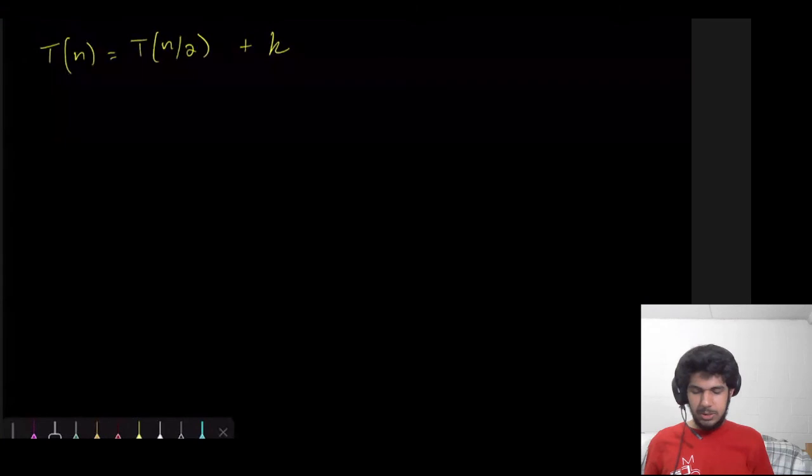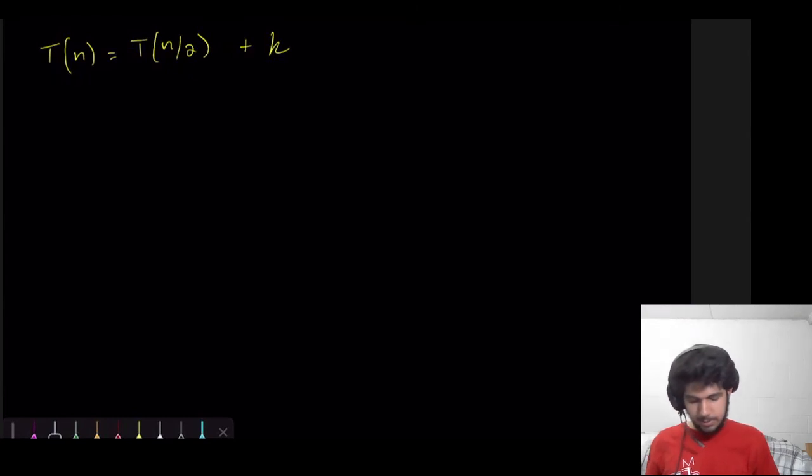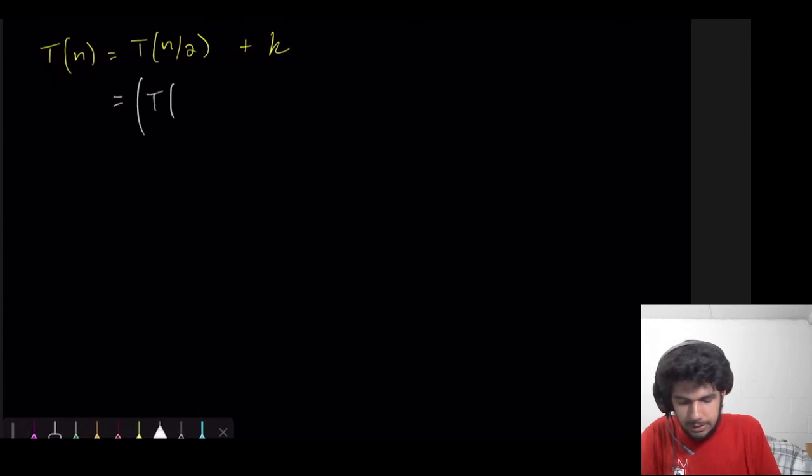So here, t of n equals t of n over 2 plus k. Again, k is a constant. So we do the same technique. T of n over 2, I'll substitute that back in. So that'll give me t of n over 2 divided by 2. That looks really annoying. But plus k, and then we add the k.